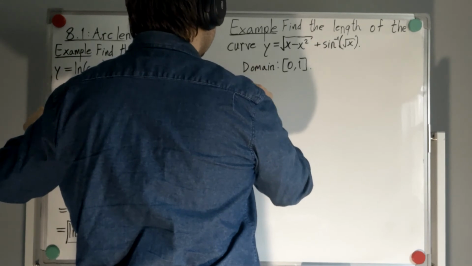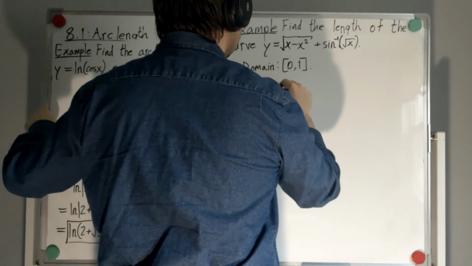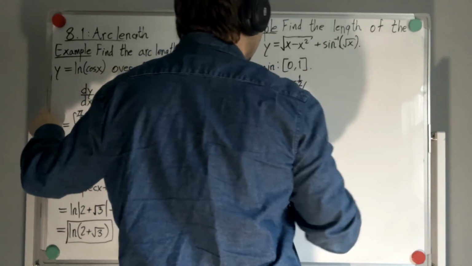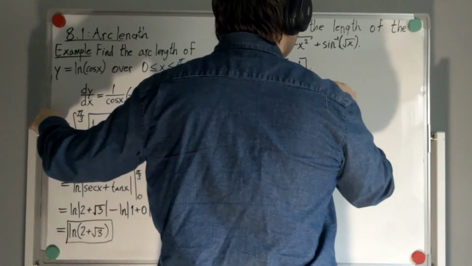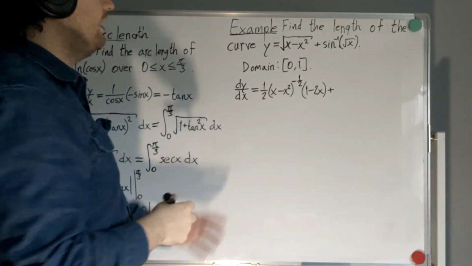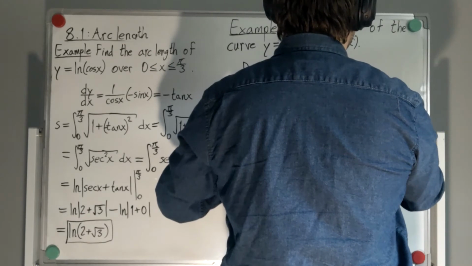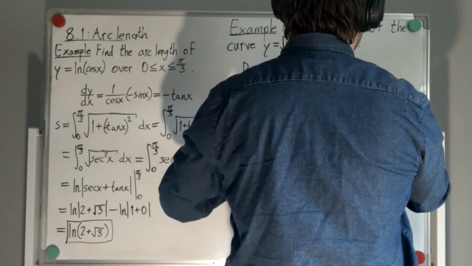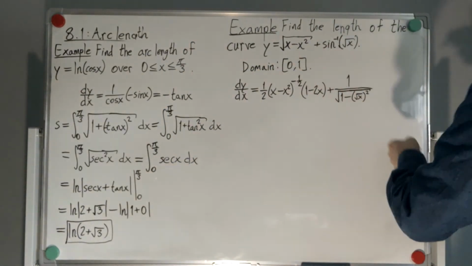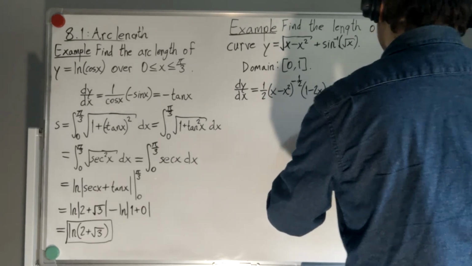So dy/dx is going to be 1/2 (x minus x squared) to the negative 1/2 multiplied by 1 minus 2x, by the chain rule. Then we have this one, 1 over the square root of 1 minus the square root of x squared, multiplied by the derivative of the square root of x, which is 1/2 x to the negative 1/2, again chain rule.